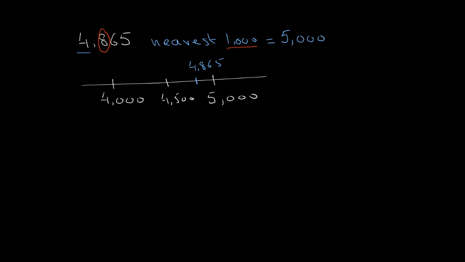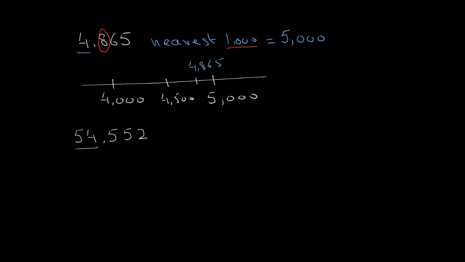Okay, so hopefully this should be clear how we can round a number to the nearest 1,000. For example, if we have a number like 54,552 and I want to do it to the nearest 1,000, note these are 54 thousands.